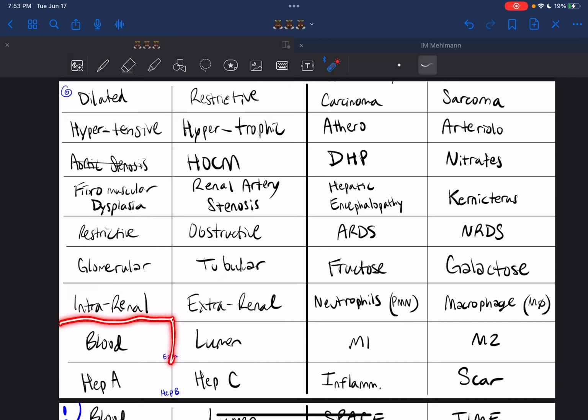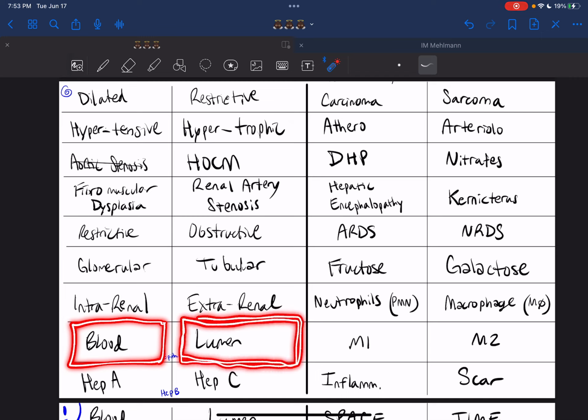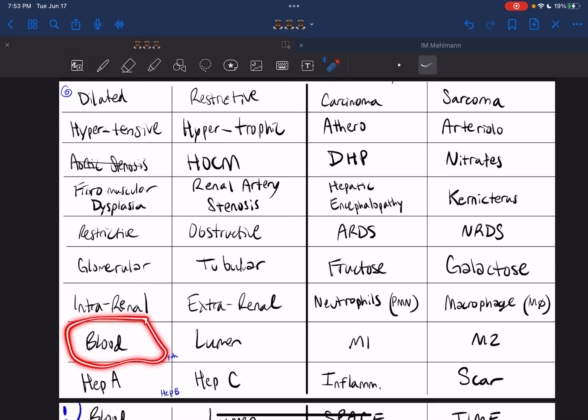In GI, you have blood versus the GI tract lumen, and things pass between them. In renal, you have blood versus the tubular lumen of the renal tubule. And so it's basically blood versus pee, and things pass between them.